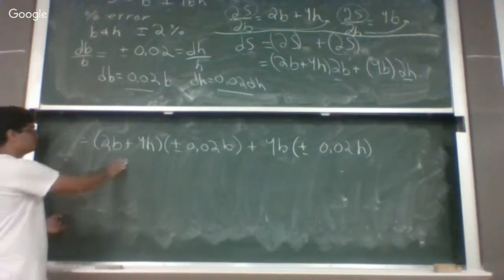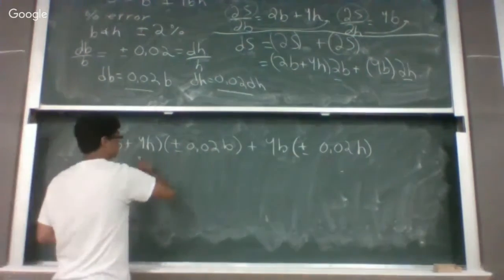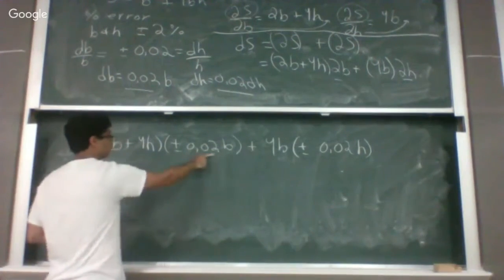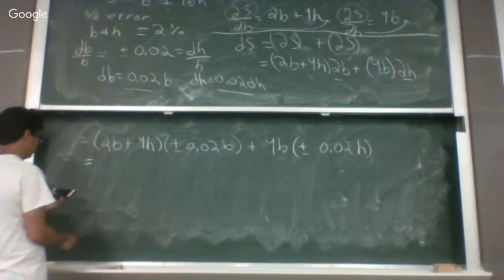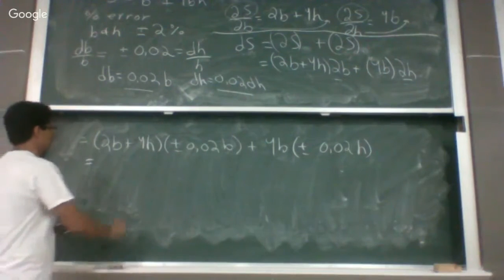Now it's simplifying this. So this is equal to, we can multiply b across here, b across there, and they all will be multiplied by plus or minus 0.02. So let me do that slowly.